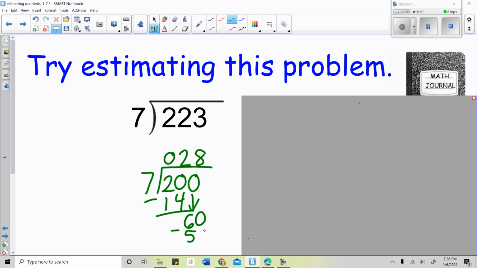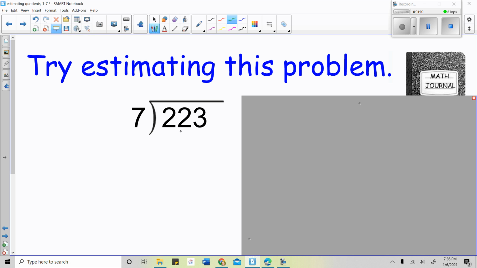I'm going to get a pretty ugly number with a remainder, and I did not make my job any easier. So that didn't work. That wasn't really a good estimation strategy, and you can see my answer doesn't look that good. Normally I'm used to seeing answers that have a 0 on the end, and that just doesn't look right.